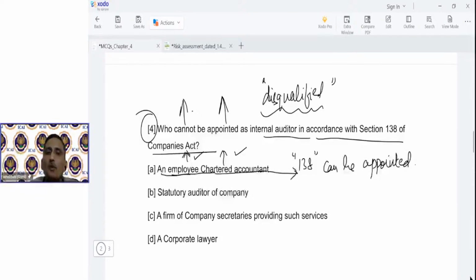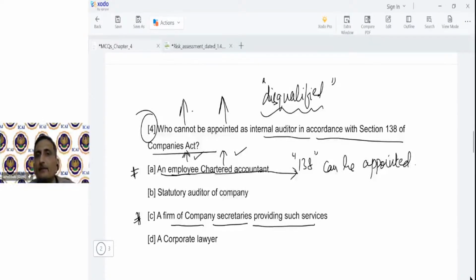Now we come to this option: a firm of company secretaries providing such services. So what is a company secretary? Company secretary is also a separate profession. They are experts in the field of company law. So a firm of company secretaries is providing such services. It means there is a firm consisting of partners and this firm is providing internal audit services.